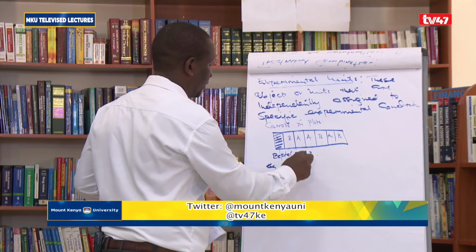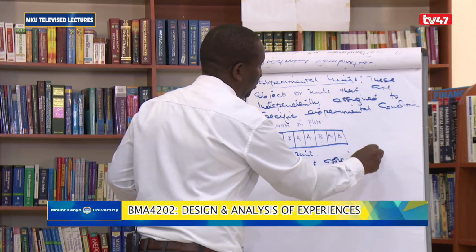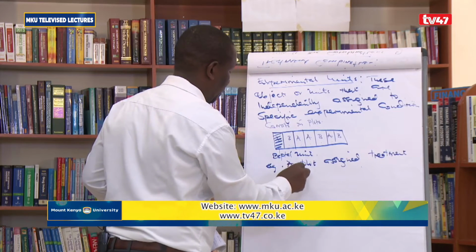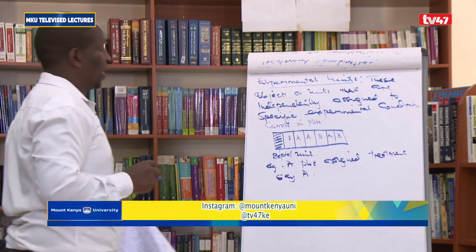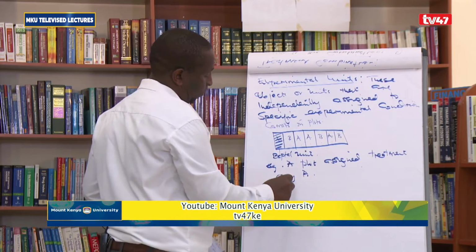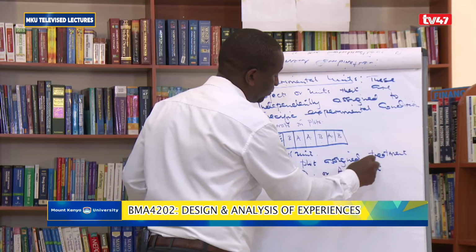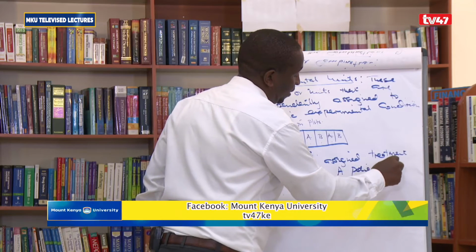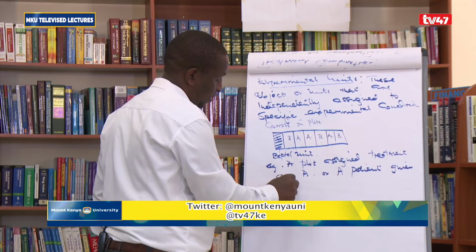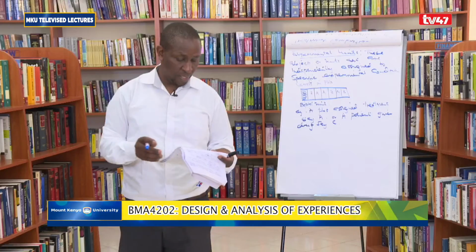A plot assigned treatment, say A, is what we refer to as an experimental unit, or a patient given a particular drug, say drug C. That is an experimental unit.